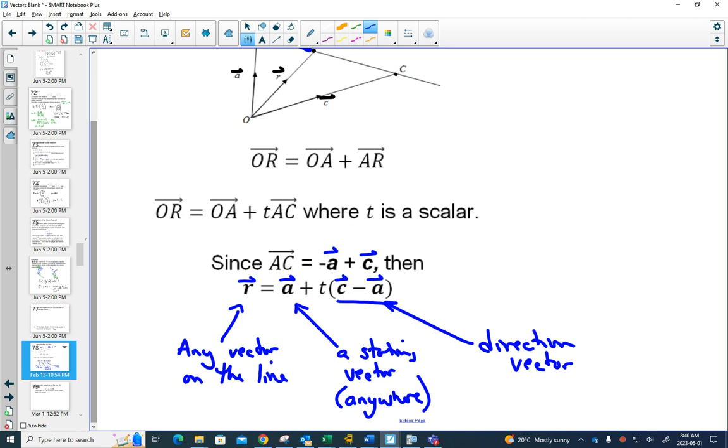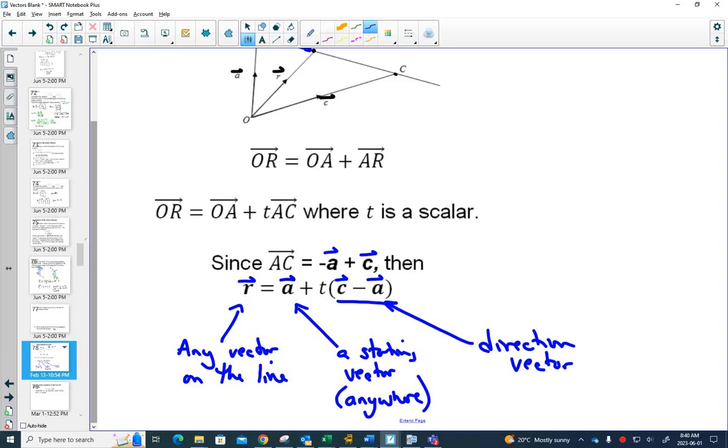All of this, C minus A, is like our slope, but in vectors we just tell it as a direction. The direction you're going is like the slope that you're going. When we had slope with a line, rise over run tells you go over 2, up 3, gets you a certain point. Now we're just saying that's the direction that you're going.